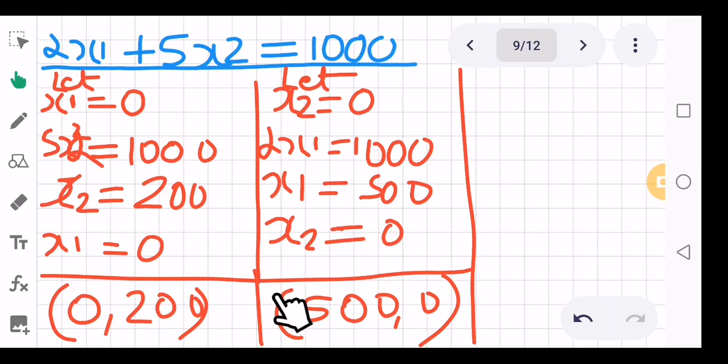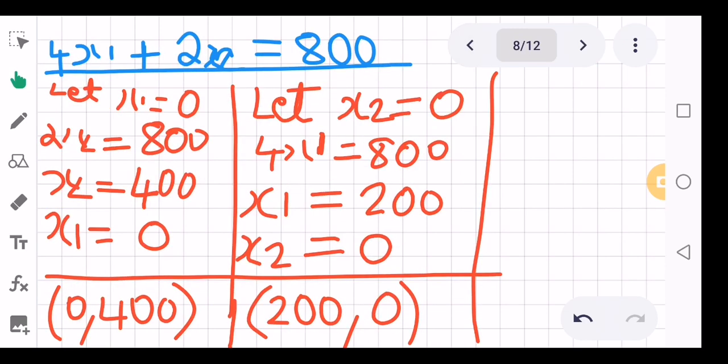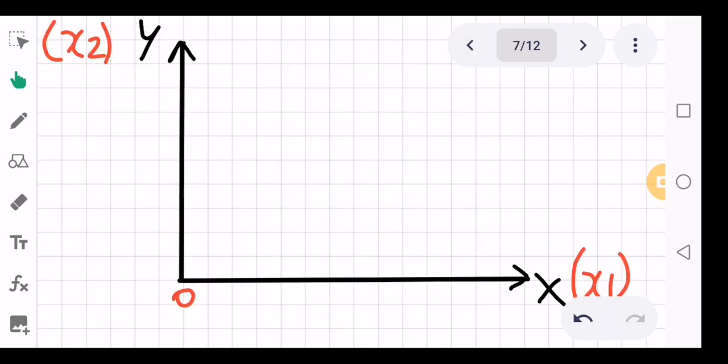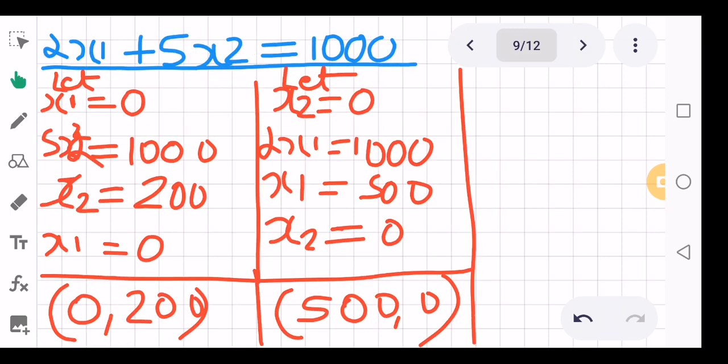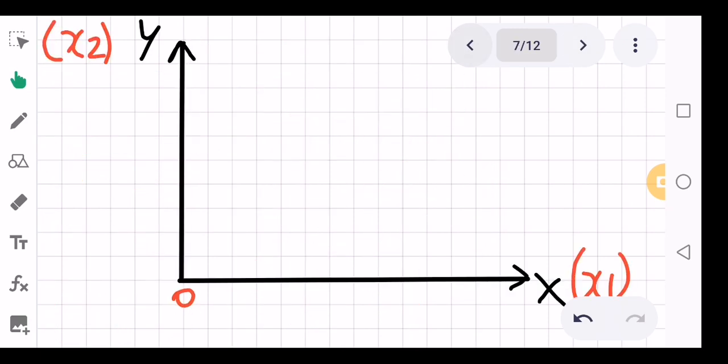So these 4 points we will be marking over there and we will be forming a line on the graph. So here all the values are like 200, 400, 200, 500. Okay, these are the values needed.